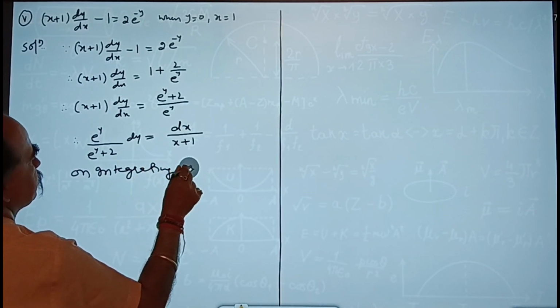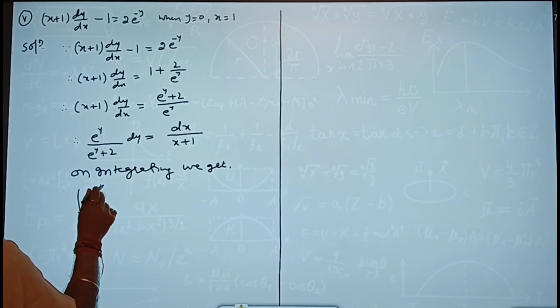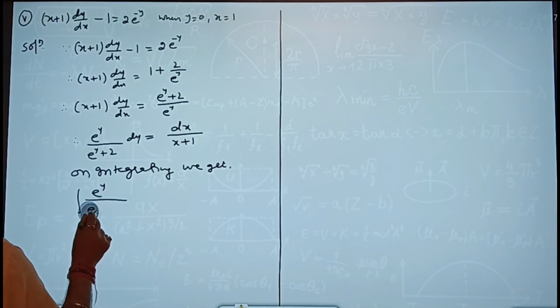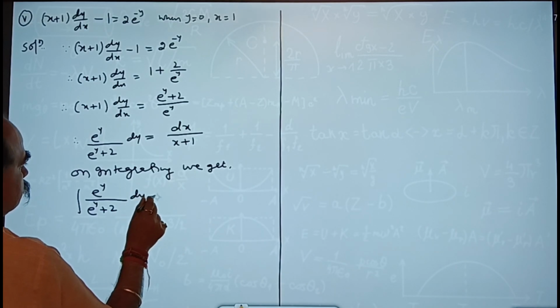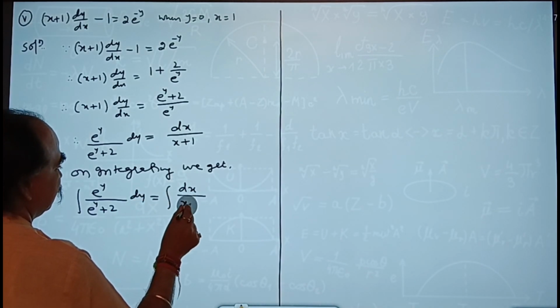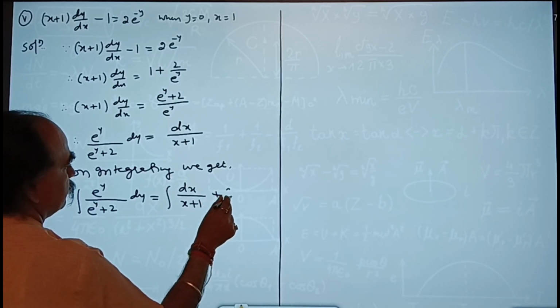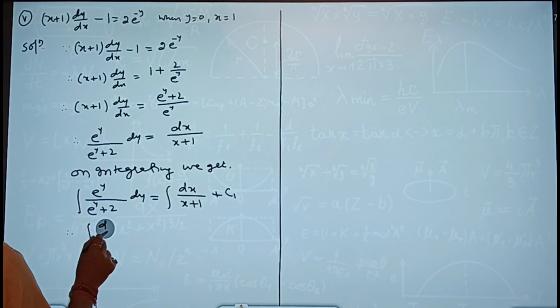On integrating we get integral e raised to y upon e raised to y plus 2 dy is equal to integral dx upon x plus 1 plus c1. Numerator is what? Derivative of denominator.